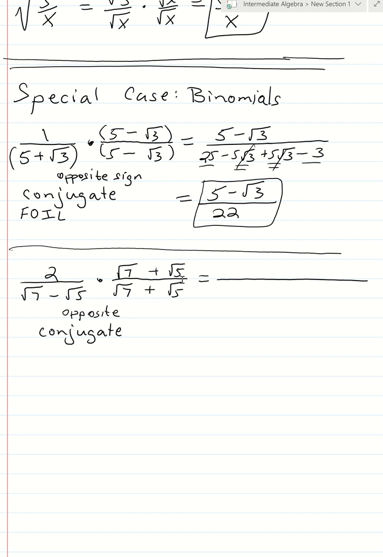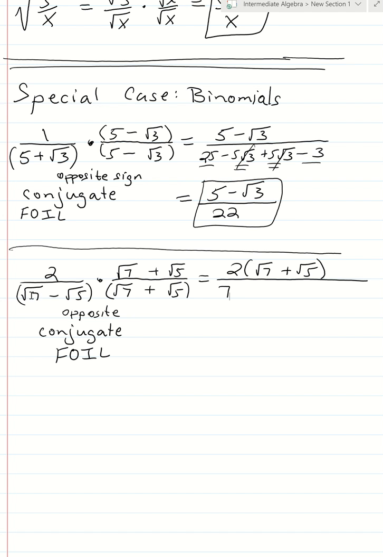In the numerator, I wouldn't recommend multiplying the 2. Leave it as 2 times the square root of 7 plus the square root of 5. There's no need to distribute that. Let's see what happens now when we once again FOIL the denominator. So we're going to FOIL these conjugate pairs. And if I multiply the square root of 7 times the square root of 7, we get 7.